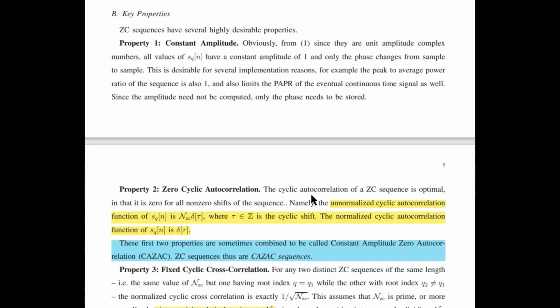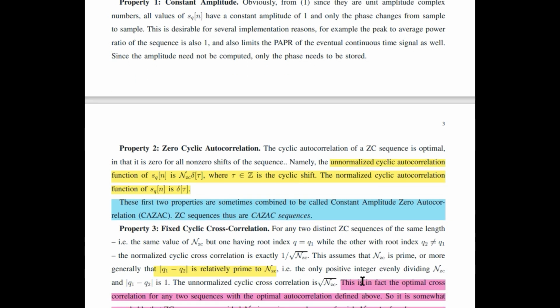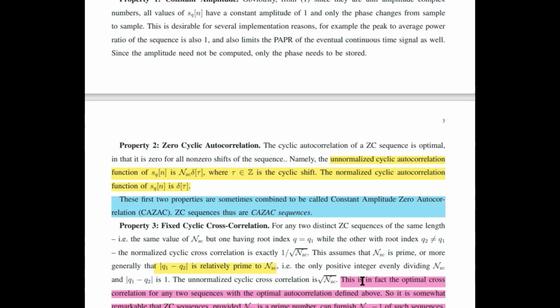Another property is zero cyclic autocorrelation. The cyclic autocorrelation of a ZC sequence is optimal in that it is zero for all non-zero shifts of the sequence, namely the unnormalized cyclic autocorrelation function of the sequence is equal to N_ZC delta(tau).